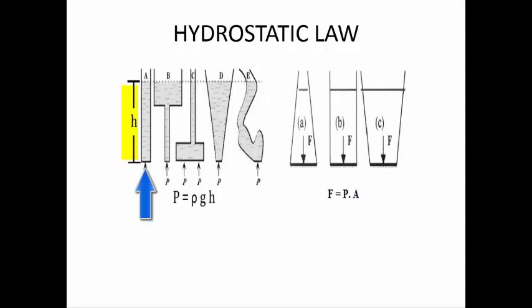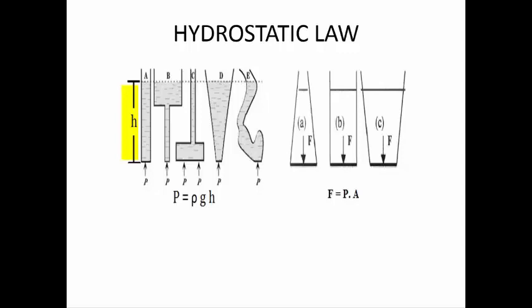Here you have a constant cross section and a liquid of height h. Then here you have a small capillary below and at the top a large container. Then again here you have a different shape of container, a conical type, and then an irregular type. Now if you consider the pressure generated at the bottom surface, it is equal to P, which is equal to rho into g into h.